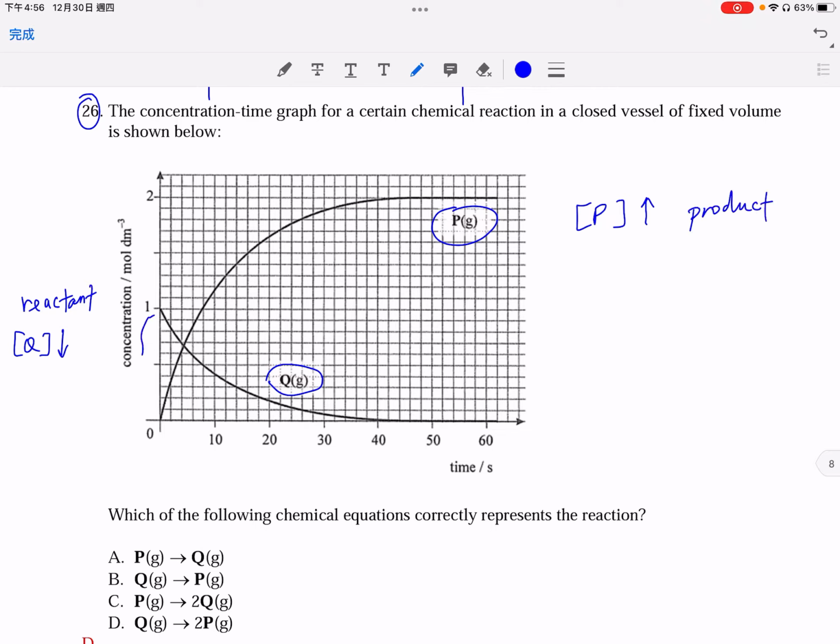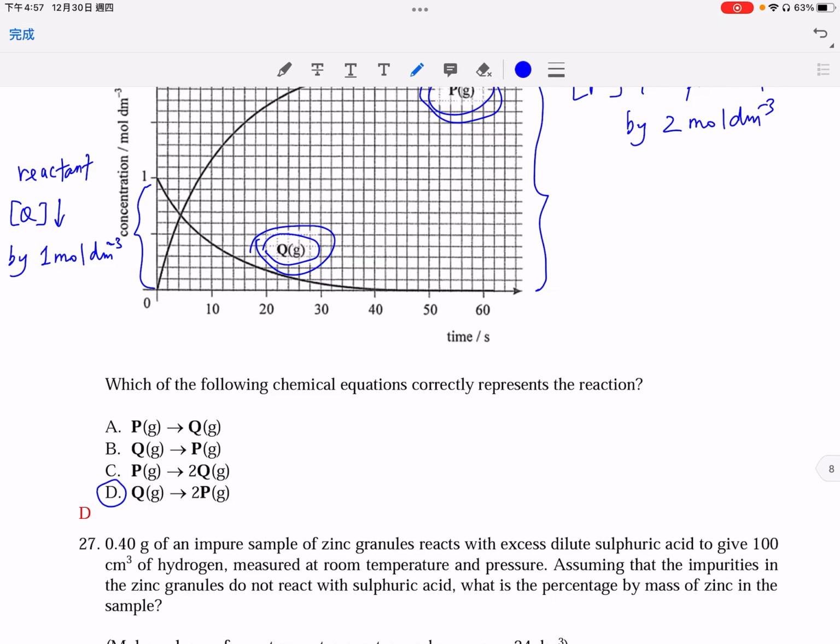And then you notice that there is a drop of the concentration of Q by 1 mole per dm cube. And then for the concentration of P, there is an increase by 2 mole per dm cube. That means for 1 mole of Q reacted, then 2 moles of P will be produced. Therefore, the answer is D.